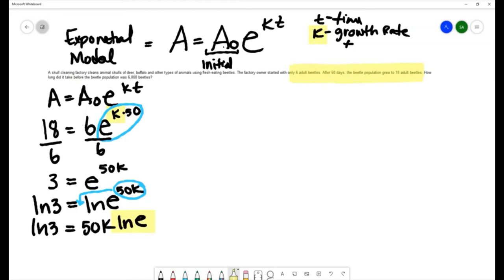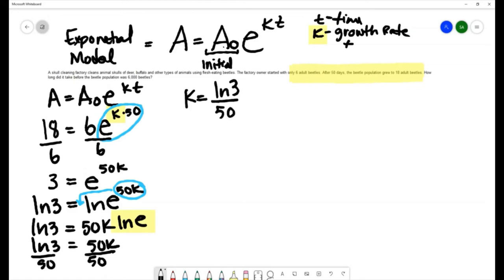So that becomes 50k times 1, which is just 50k. And then I can divide both sides by 50. So now I've found the growth rate to be natural log of 3 over 50.